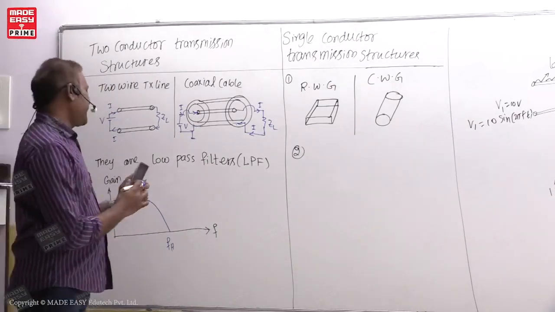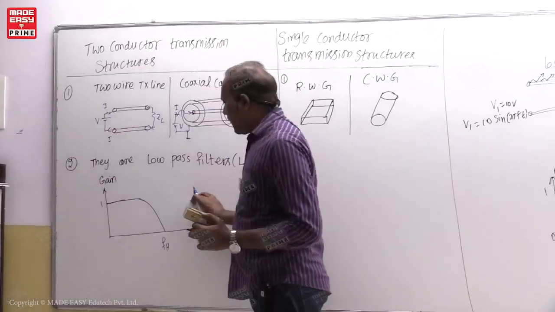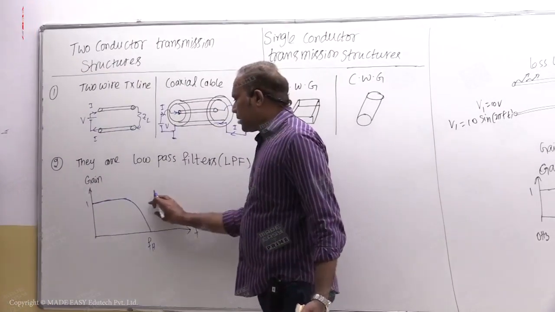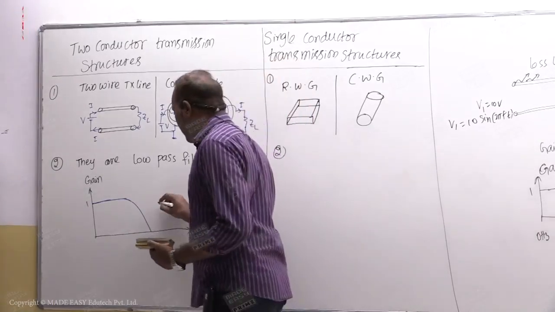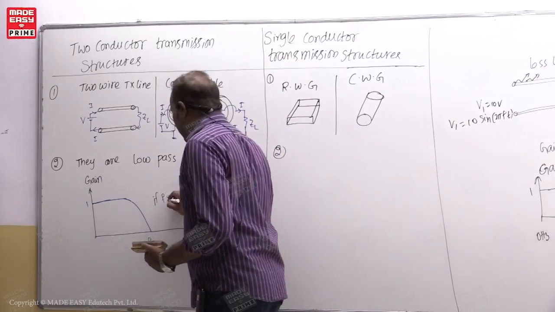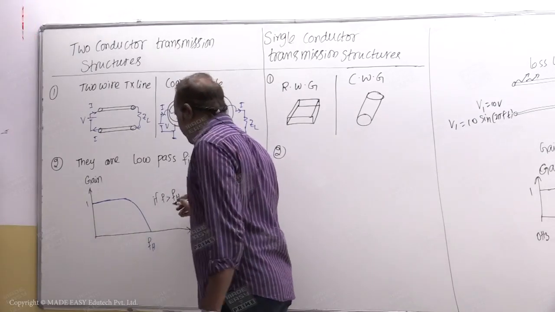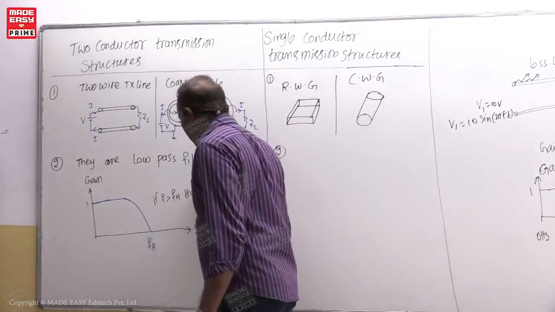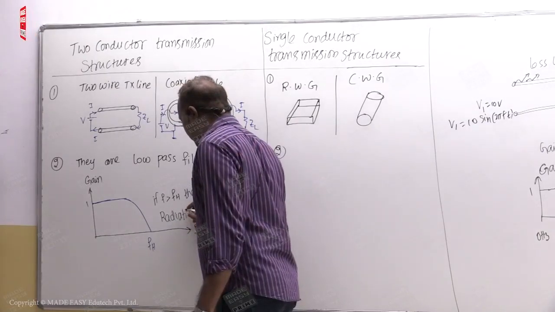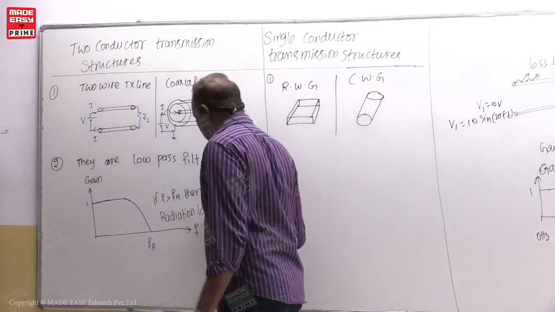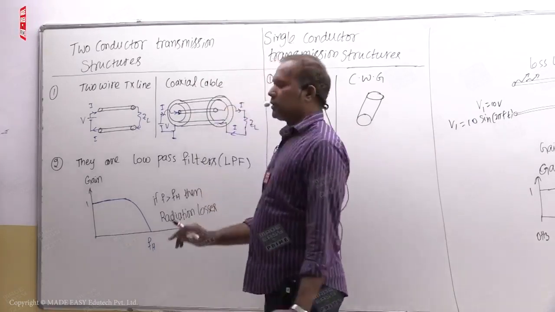So dear students, why is there no signal transmission here? Radiation losses are there. If F is greater than FH, radiation losses are present, dear students.